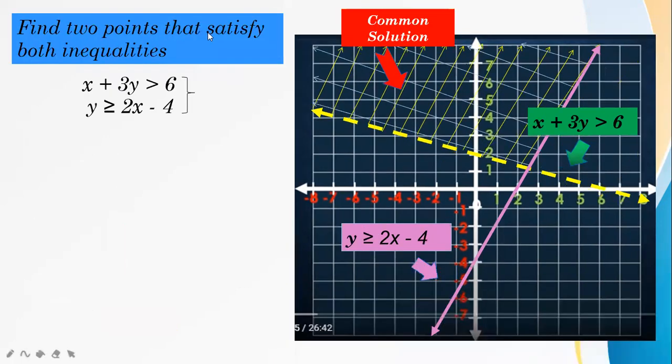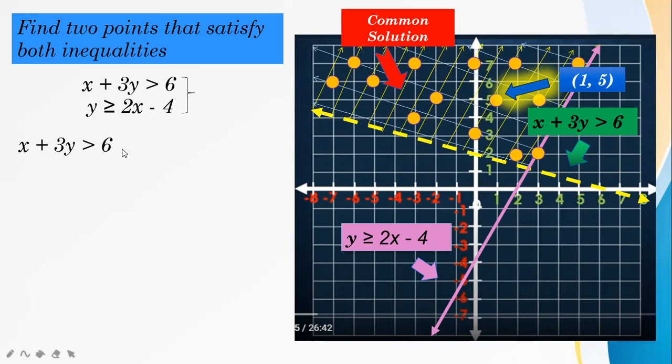Next, find 2 points that satisfy both inequalities. And therefore, lahat ito are part of the solution of this system of inequalities. So, maghahanap tayo ng 2 points that satisfy both inequalities. Let's say using this point, we have 1, 5, using coordinates 1, 5. So again, first equation, 1, 5.